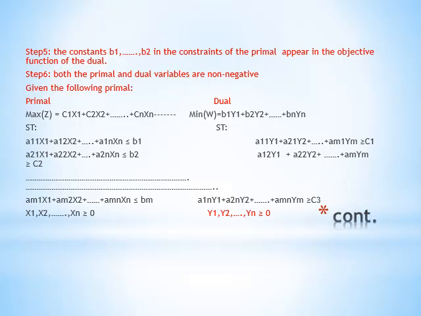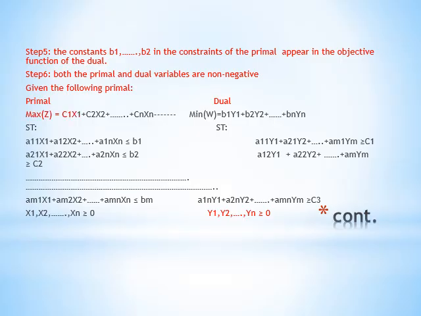Now we are going to convert the primal to the right side, the dual. Maximization should be converted into what?